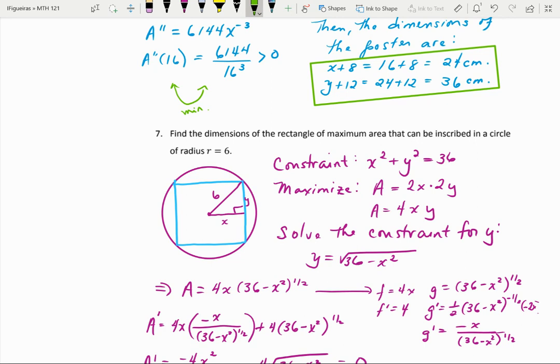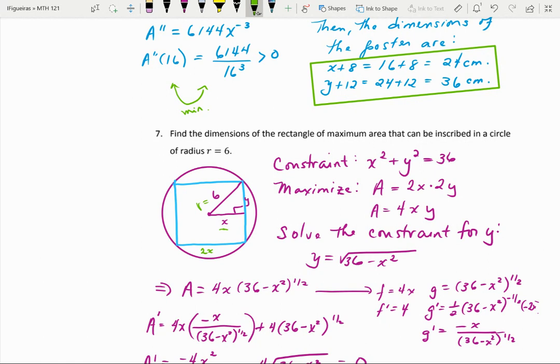But when I draw that radius, so remember this here is our radius, I just naturally can create this right triangle where x and y have a relationship with the sides of the rectangle. And remember, we want to maximize the area of the rectangle. So if this side here is x, that means the entire side of the rectangle is going to be 2x.